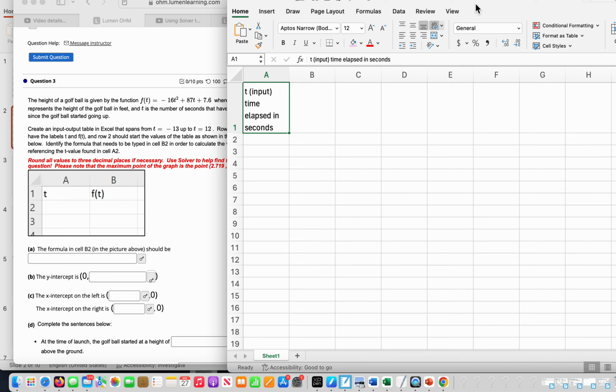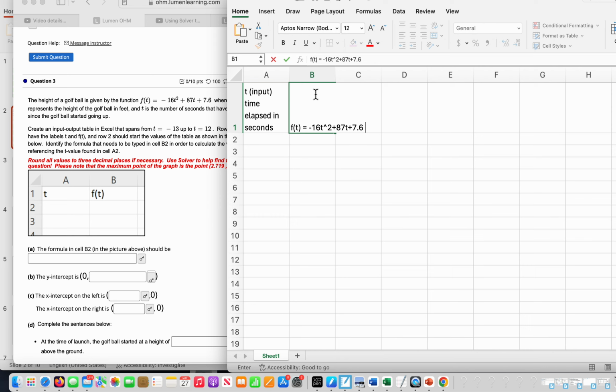All right. And so then in column B, that's going to be my function f of t, and this is equal to -16t squared plus 87t plus 7.6.